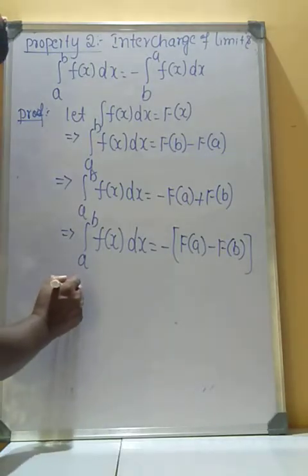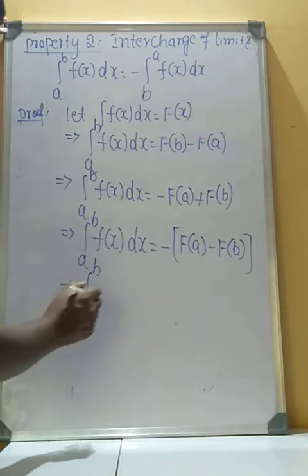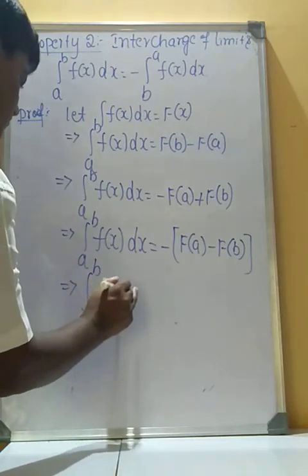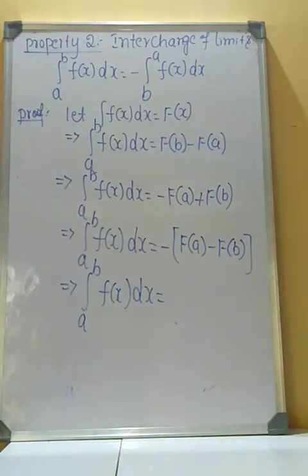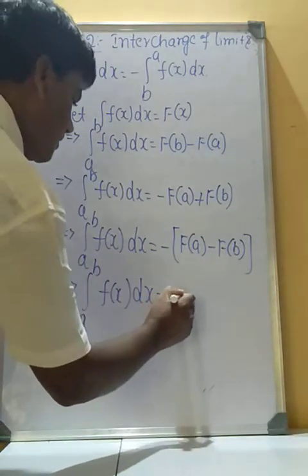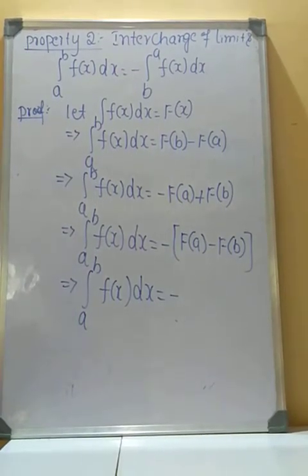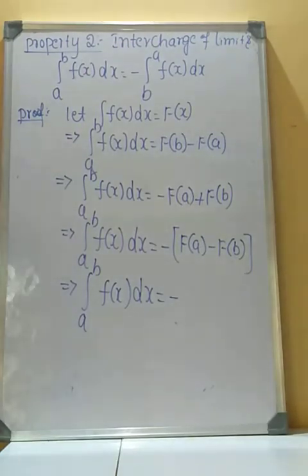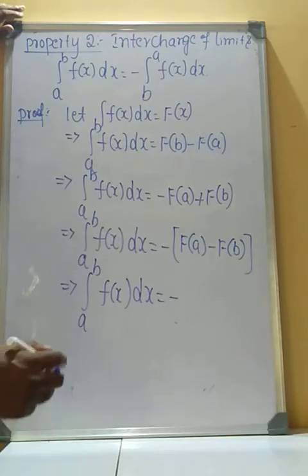So therefore, this implies integral a to b f of x dx is equal to minus of F of a minus F of b.